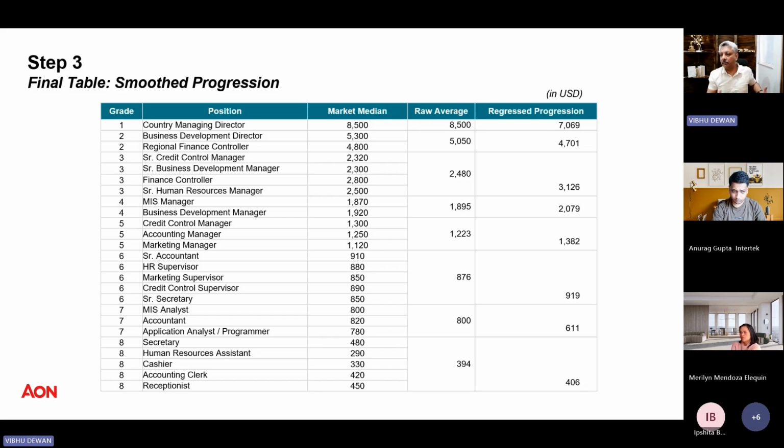So there is a big anomaly. That means you can't use the raw average. The average of 5300 and 4800 being 5050 is not right. The average of 2320, 2300, 2800, 2500 being 2480 is not right because there is no consistency or pattern to it. And that's where the raw average will not help.